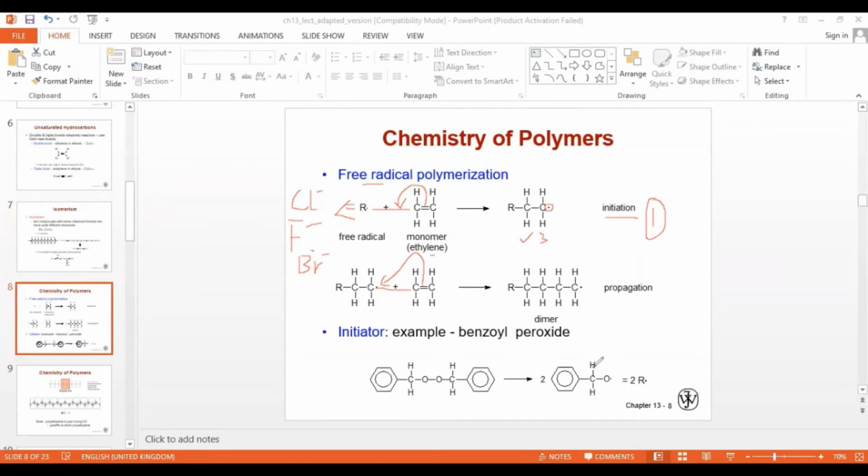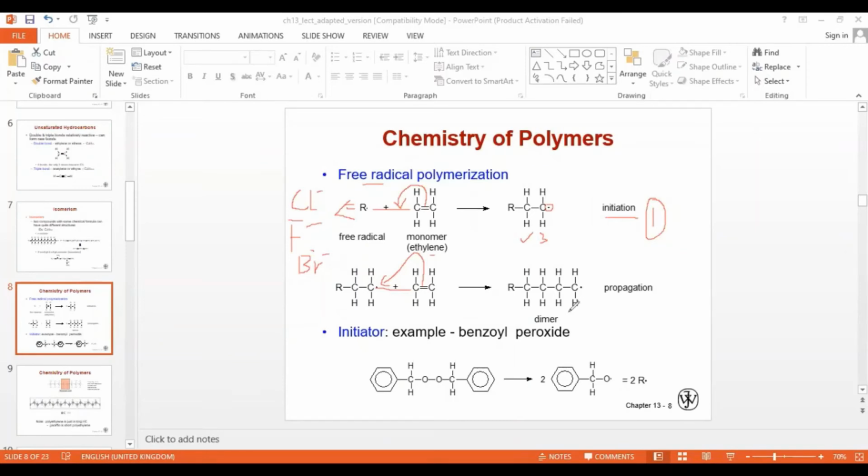And this is another component, for a simple example. So there will be an initiation stage where the radical attacks the monomer to form a bond. Then that monomer combined with the radical will create bonds with the oncoming monomers. So there is a dot.